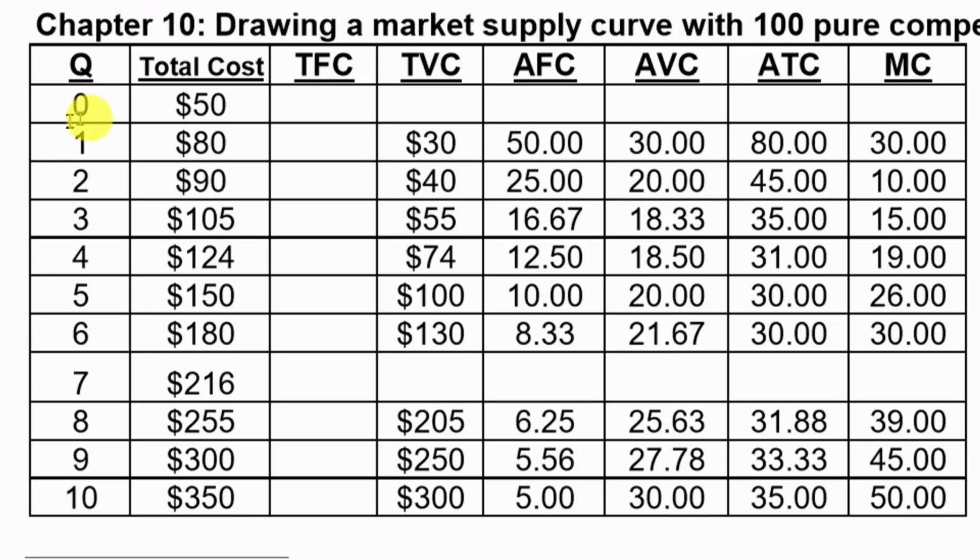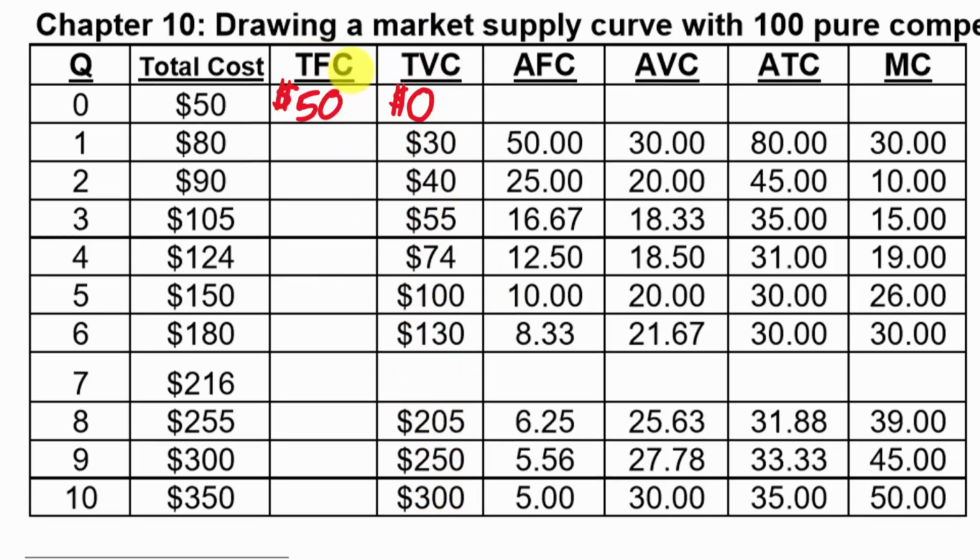So if you're not producing any units here, and your total cost is $50, the trick is knowing that all $50, when you're producing no units, must be your fixed costs, because you can't have any variable costs when you're producing no units. And variable costs increase, as we see here, as we produce more units.